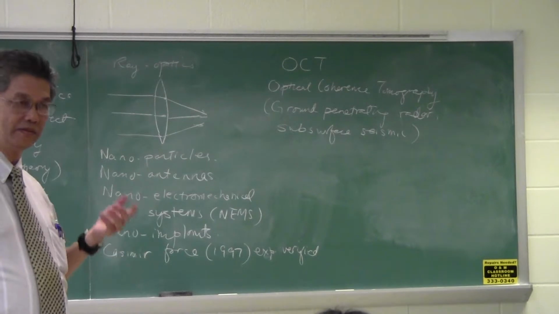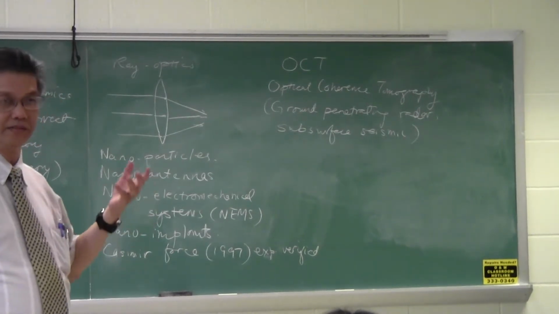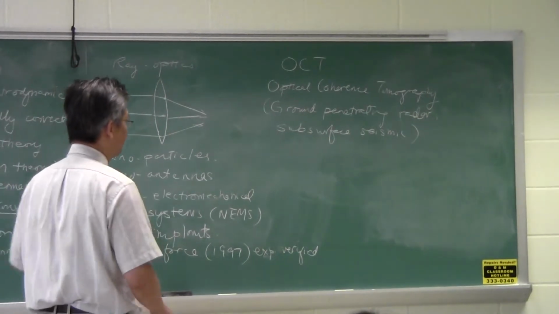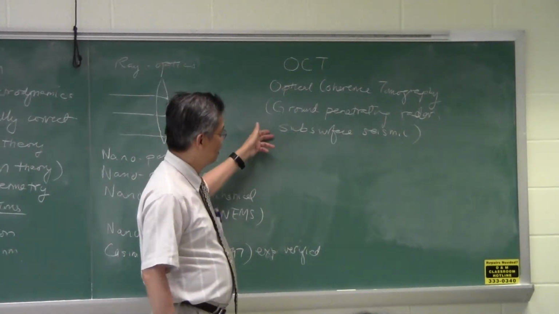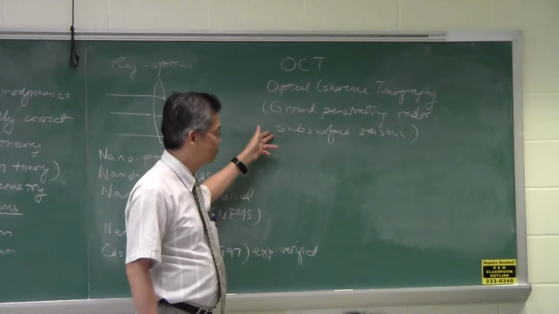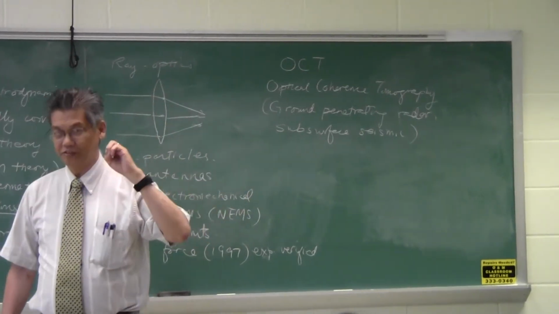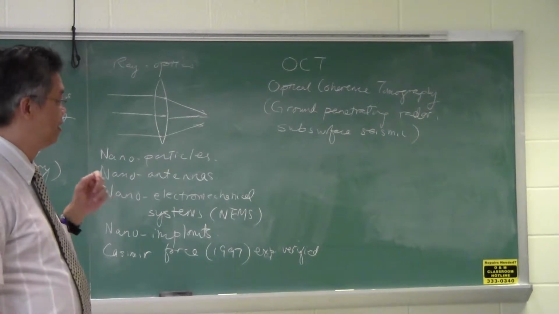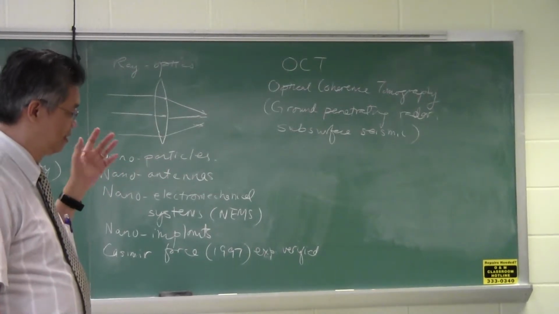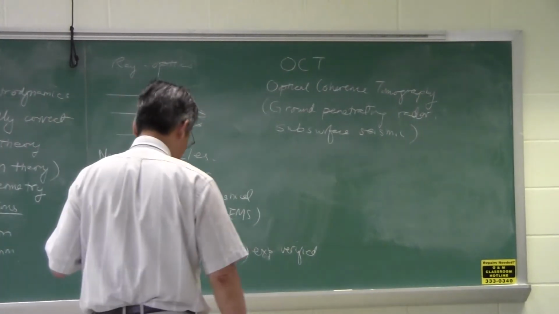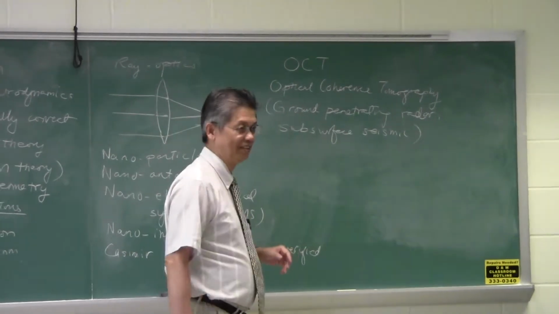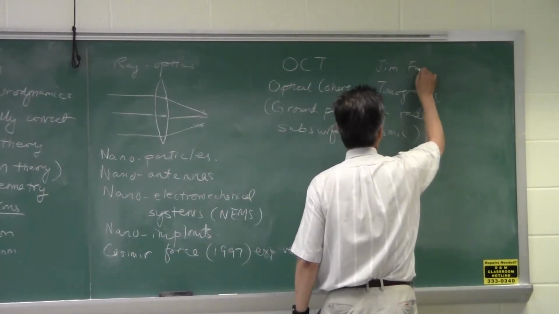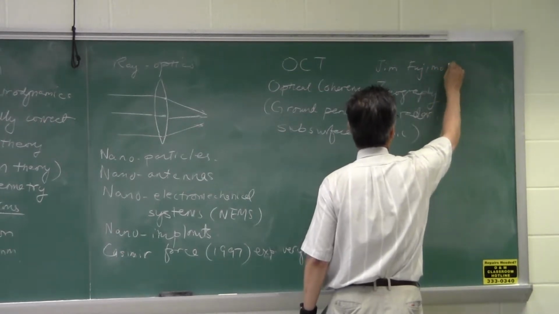By listening to those echoes, you try to infer what the profile of the Earth is, electromagnetic profile or elastomechanical profile. But at optical frequency, this is a lot harder to do because the wavelengths are a lot shorter. But this friend of mine, Jim Fujimoto, did this successfully at MIT.